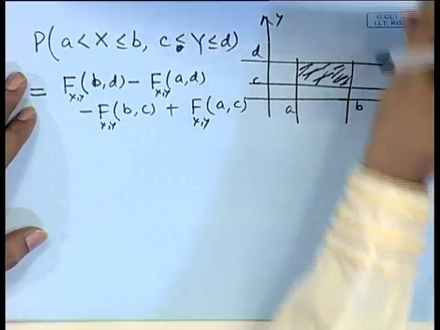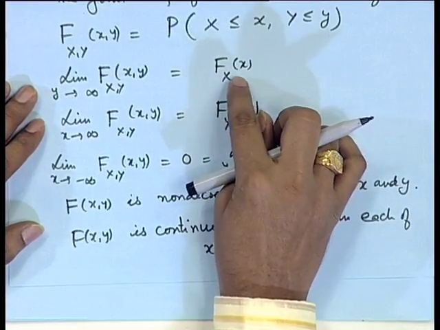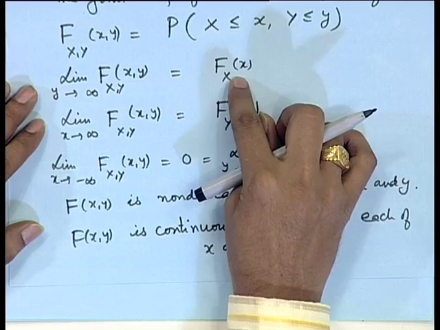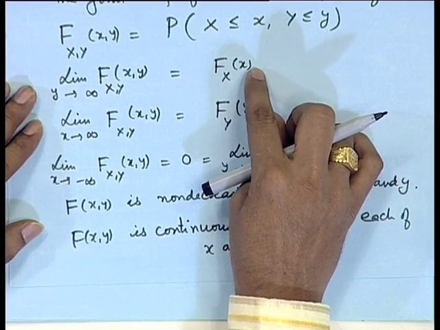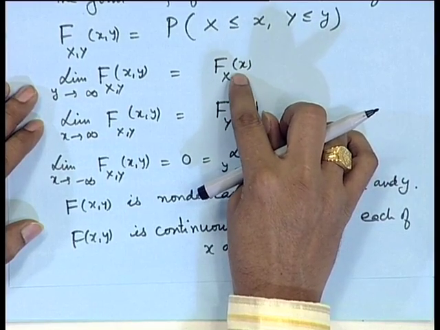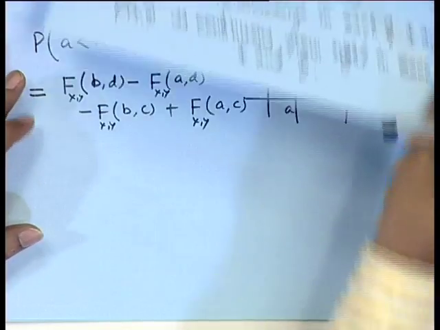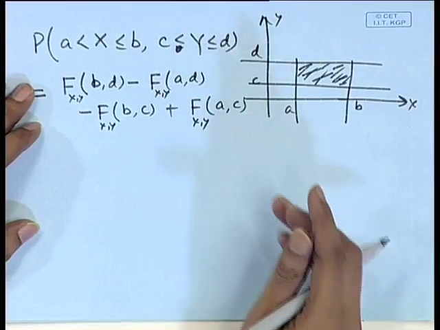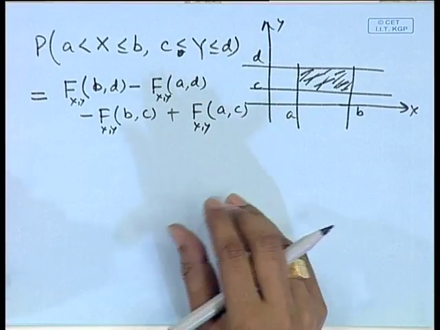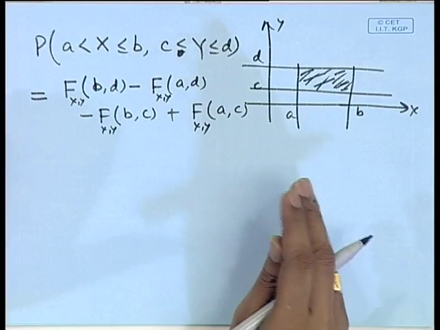Since we are able to obtain the individual distributions from the joint CDF, we can find the individual nature of the random variables, that is whether they are discrete, continuous or mixture random variables from here. Moreover, if the random variable x y is continuous throughout, then capital F x y will be absolutely continuous in both of the arguments, and the derivatives with respect to x and y will give you the probability density function of x and y.